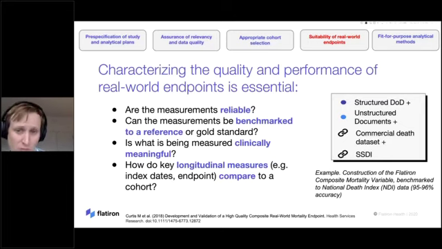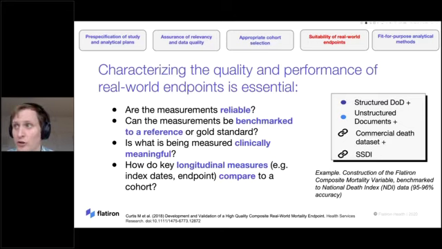Using unstructured documents, commercial death data sets, as well as Social Security death information, we can get at a very sensitive and specific death measure. So even variables like mortality that might seem fairly straightforward to use can definitely use validation.